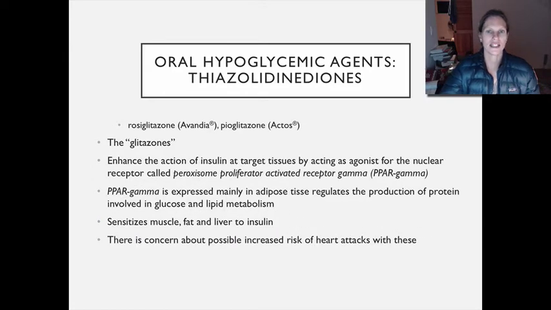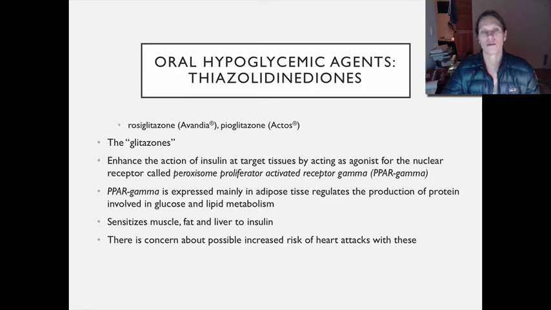Then we have the TZDs, the ones I can't say out loud because it's just too hard. Oftentimes, because it's so hard to say, they refer to these as the glitazones. Avandia and Actos are examples. These ones are interesting because they enhance the action of insulin at target tissues by acting as an agonist for a nuclear receptor called PPAR-gamma, or peroxisome proliferator activated receptor gamma.